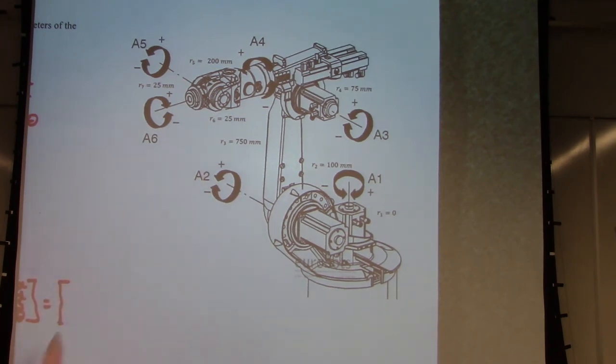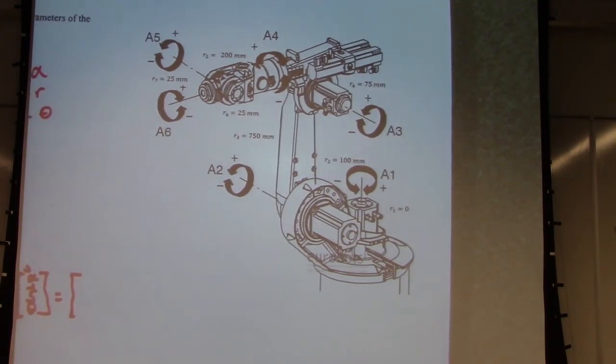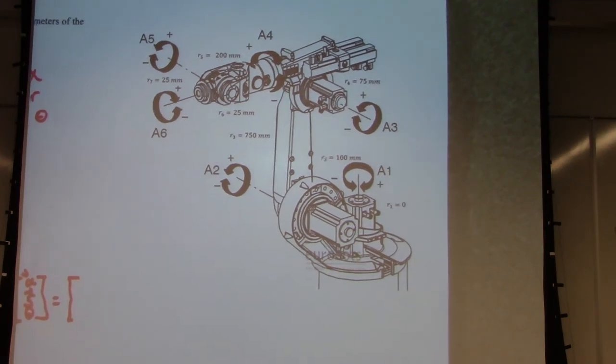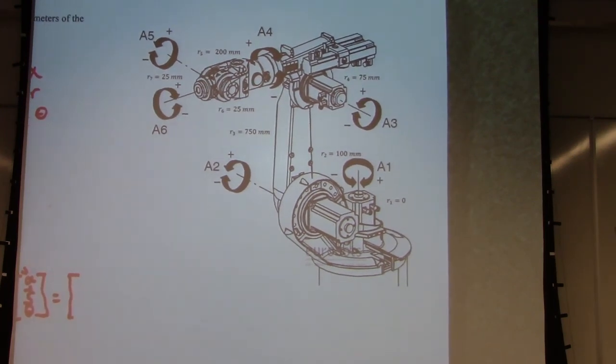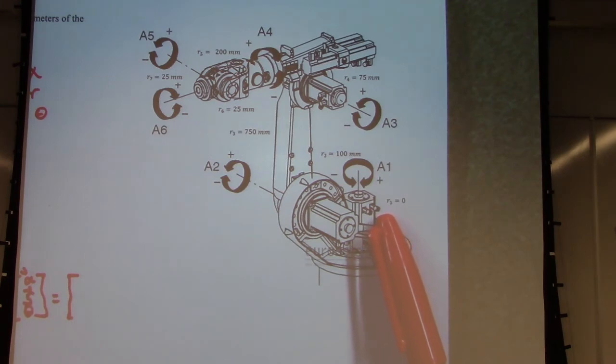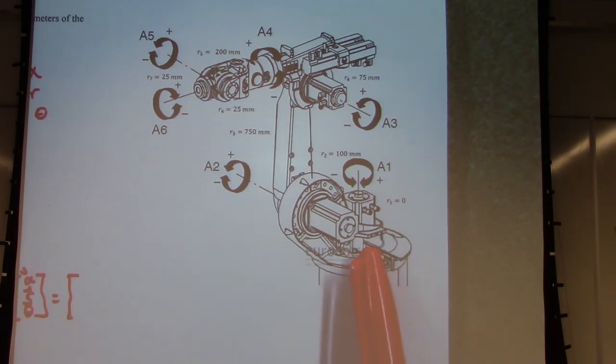You might move the paper over a little bit. Yeah, maybe I should, huh? There you go. Not that it really matters since that's virtually illegible. Okay, so what is the link twist on our A1 joint? How does the frame attach itself to the base joint?